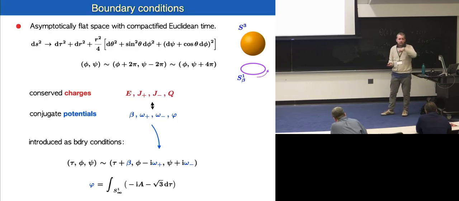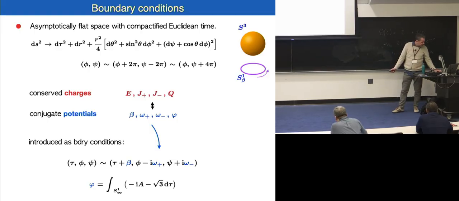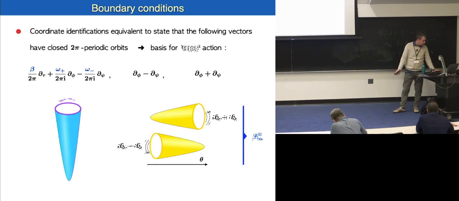That is, when we go around the thermal circle once, the other two angles, phi and psi, are also advanced by these angular velocities, omega plus and omega minus. The electrostatic potential is introduced in a standard way as a gauge holonomy for the gauge field we have. This is the gauge field in the supergravity theory. Here I'm introducing a shift that will be convenient for me. So this is the basic setup for introducing my boundary conditions.